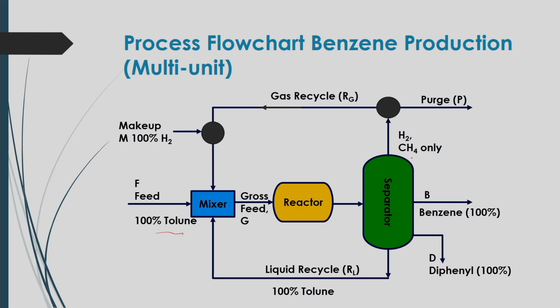After that it will be separated, and from the separator you will see outputs in one stream, another stream here, another stream here, another stream here. So, there will be 4 outputs of this separator.